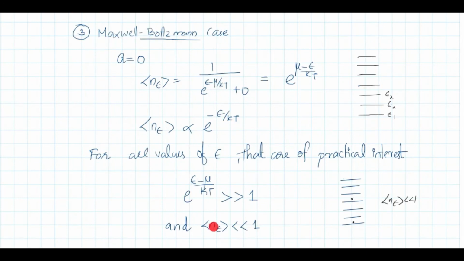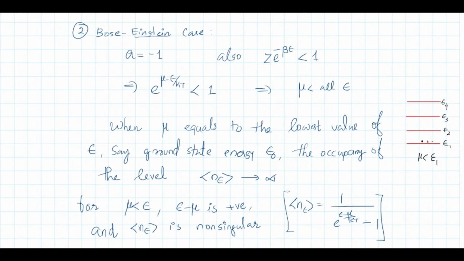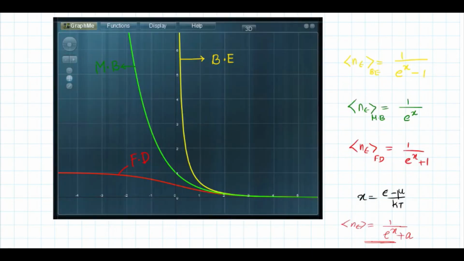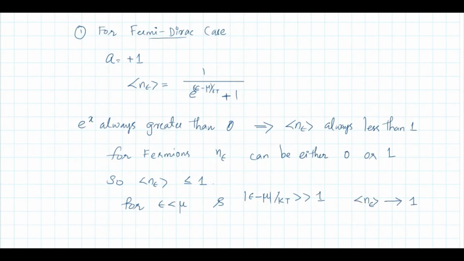You can see this graph. Occupation number very much less than 1 means this region, this portion. This y-axis is occupation number, and very close to 0 means here. So all the graphs merge together for very low values of occupation number.